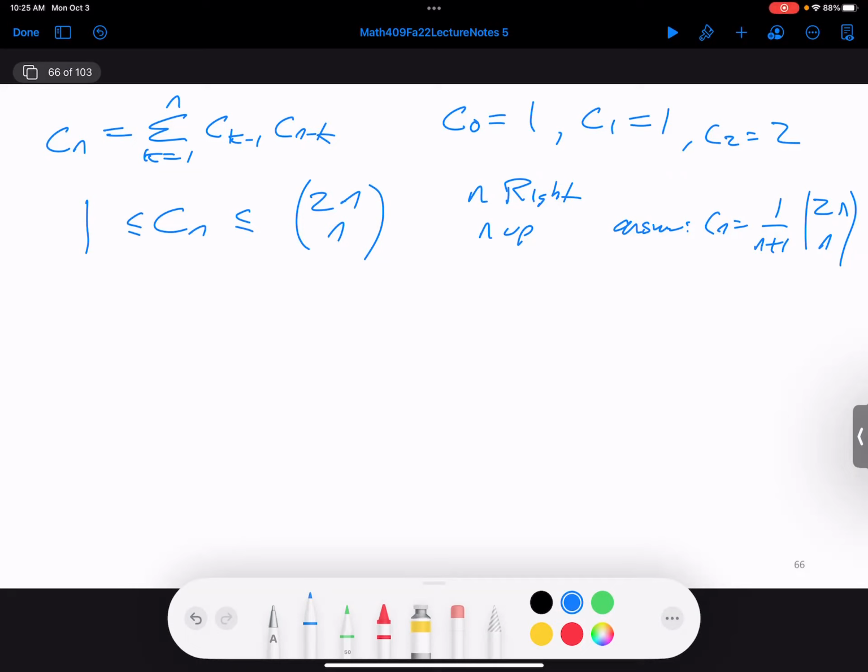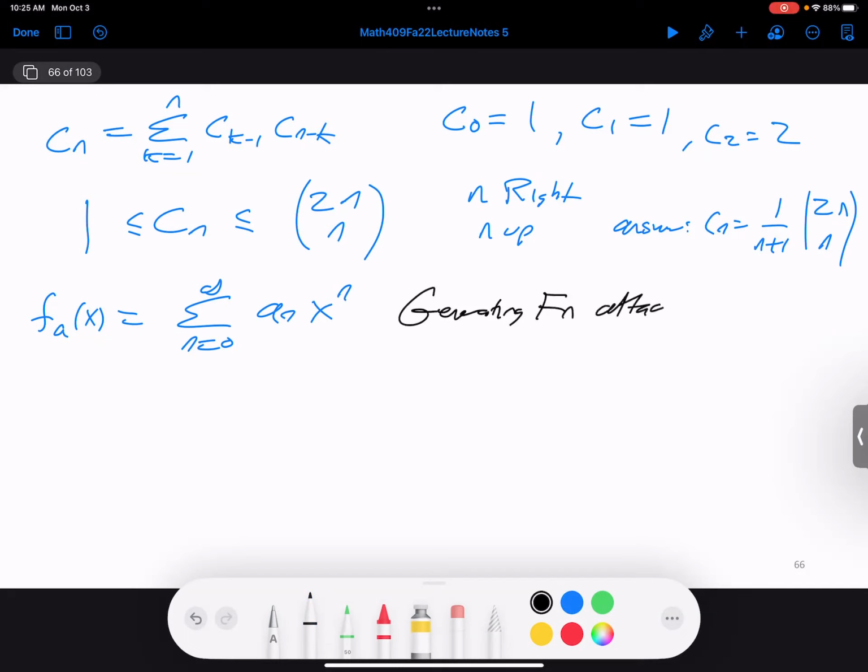All right, so what we want to do now is talk about functions. Let's say f_a of x is the sum, n goes from 0 to infinity, of a_n x to the n. This is the generating function attached to the sequence a_n.